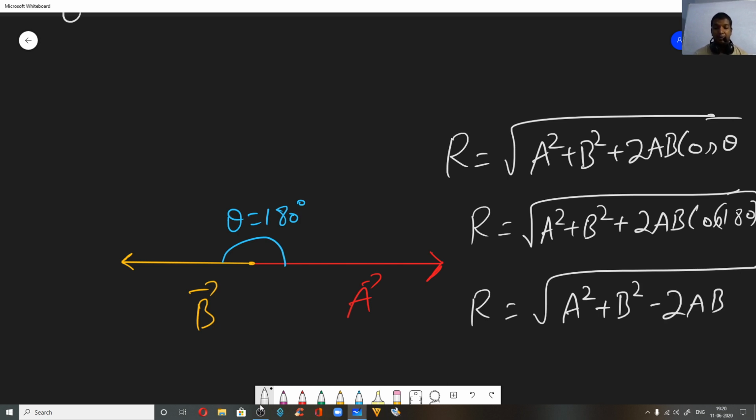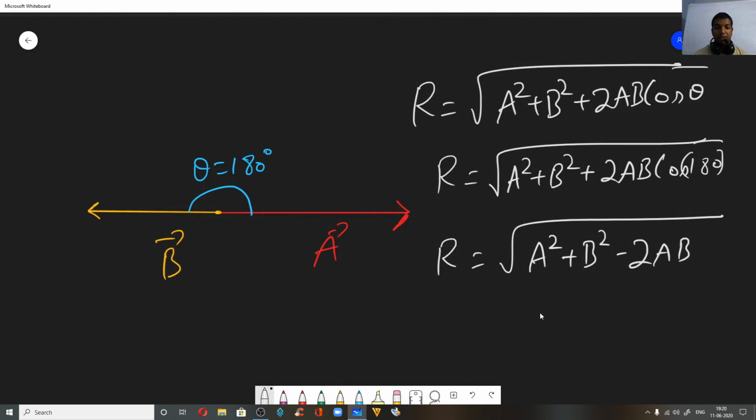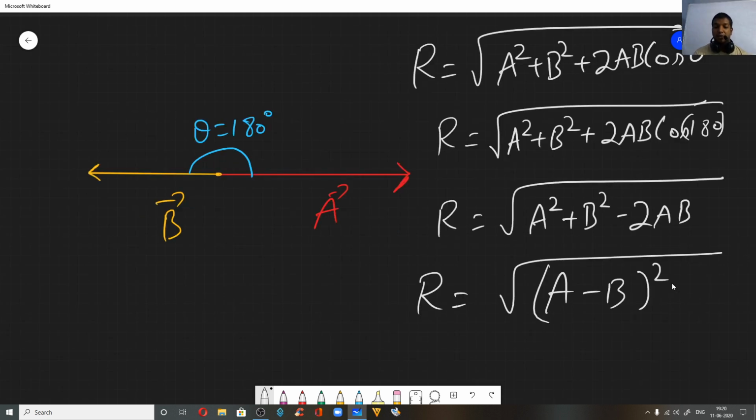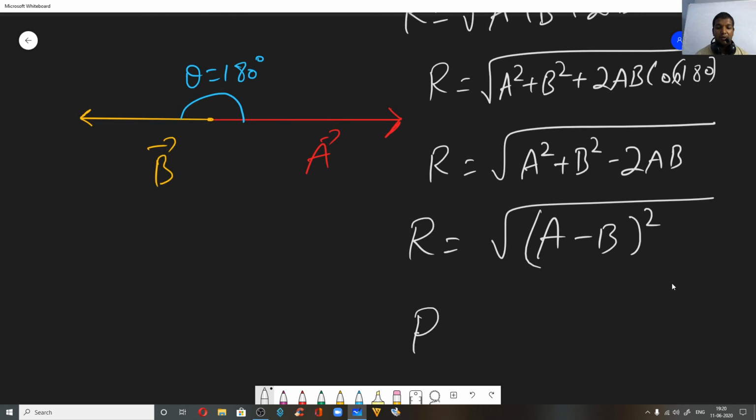So we got R is equal to root of a minus b the whole square. So magnitude wise, the resultant is simply a minus b.